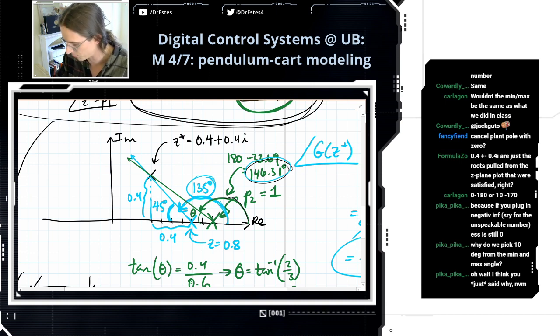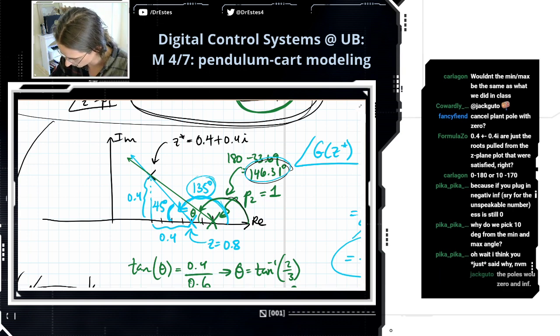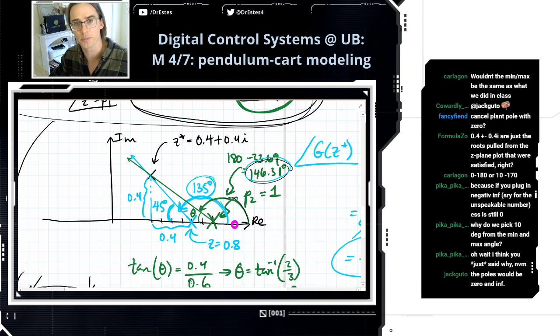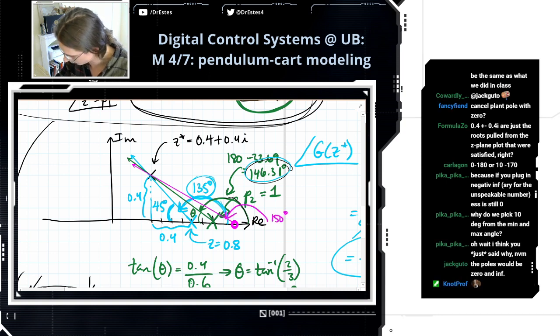So I have to actually have a pole that's outside the unit circle. So maybe I'll pick one, I'm not sure it'll be exactly here. We'll solve for it in a second. But I'm just roughly drawing a location of a zero that gives 150. So I know this will be 150 degrees. This is z equals z1. And I don't even know what z1 is yet.